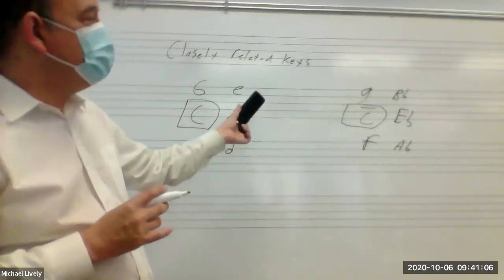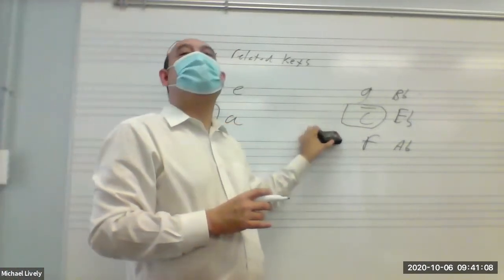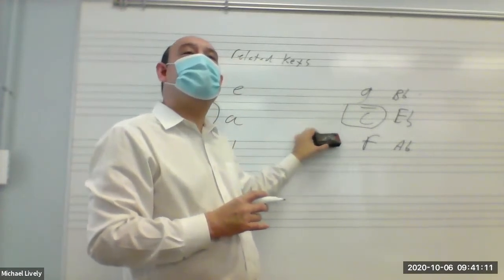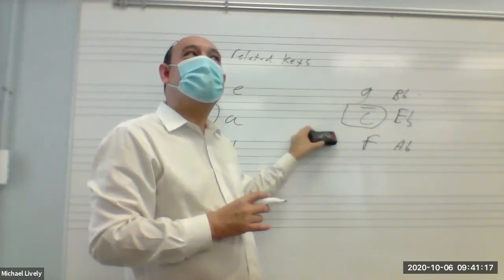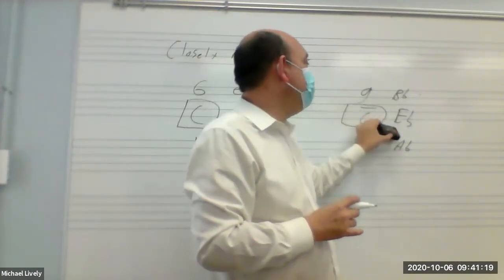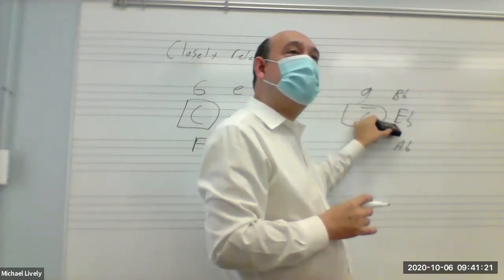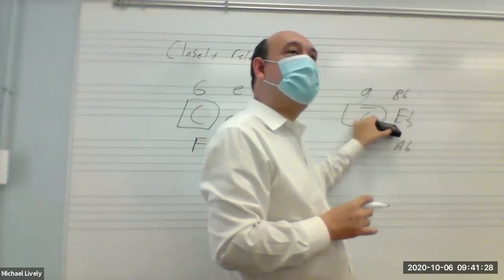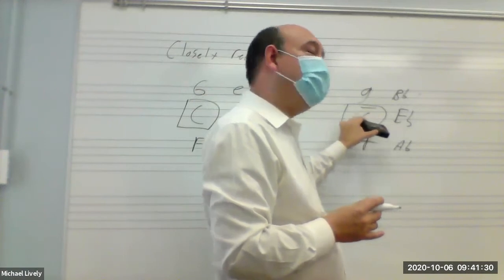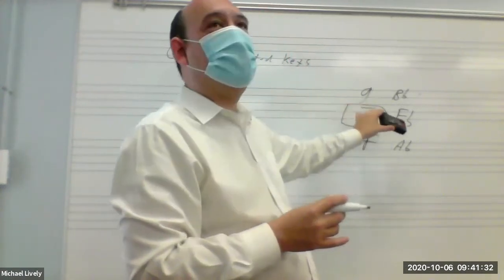Well, it's all the ones except scale degree 2. Because remember, you have that diminished chord on scale degree 2 in minor. Yes, it's like E flat major. It would be the same as the keys related to E flat major, because it would exclude its scale degree 7, which is D. And that's the same thing as C minor excluding its scale degree 2.